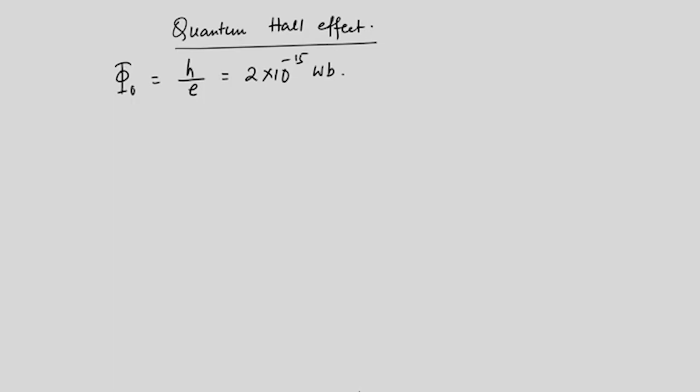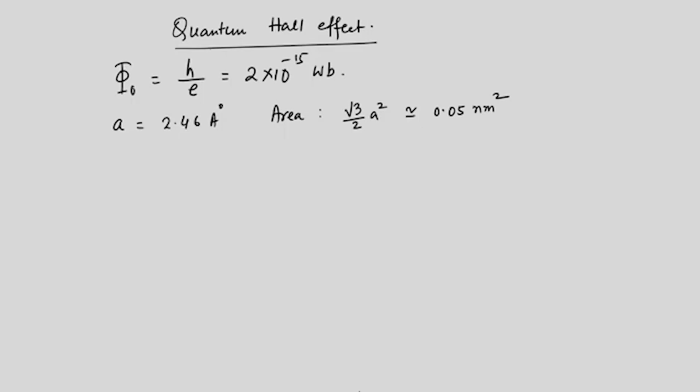Now, this honeycomb lattice has a lattice constant of like 2.46 angstrom, and if one does a back of the envelope calculation, the area of this unit cell, which is just a honeycomb structure, is root 3 by 2 a squared, and this comes out to be something like 0.051 nanometer square.